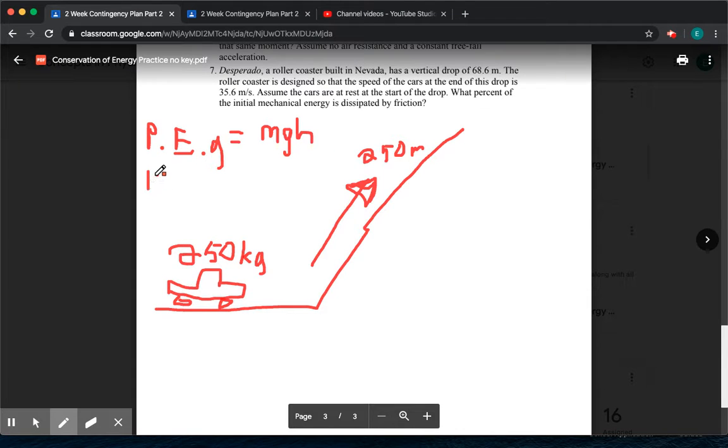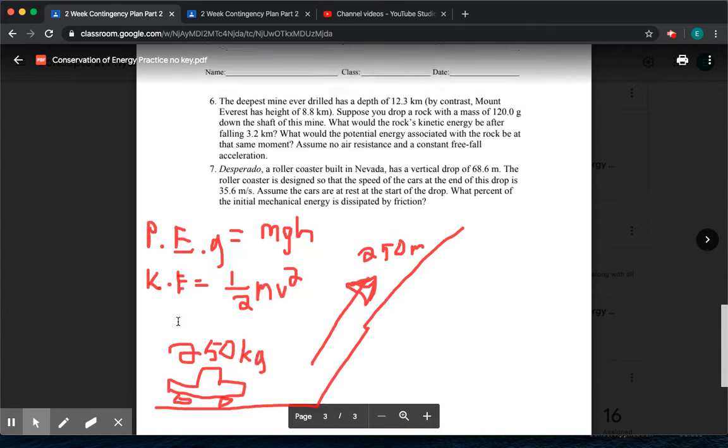And then KE, I'm writing this for reference because we're going to need it to answer the question. KE is equal to 1/2 mv squared. And this V is what we're looking for.